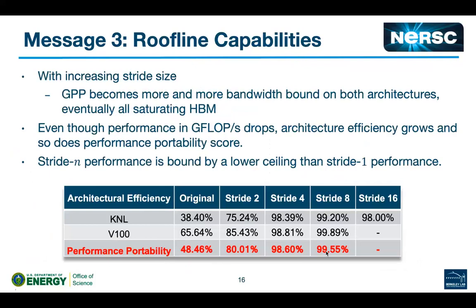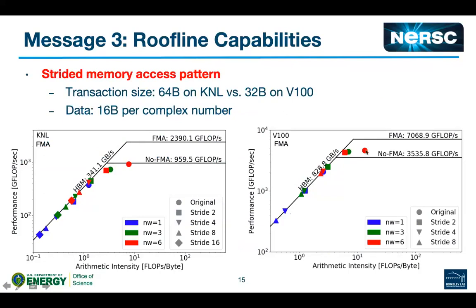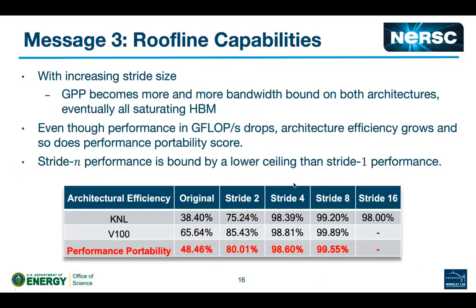And you might think the performance is actually dropping from here to here, but the bound is also changing. So when you calculate the architectural efficiency, you're calculating against the relevant bound, not the compute peak. So here we actually see an increase in the architectural efficiency, and so on the performance portability score as well.